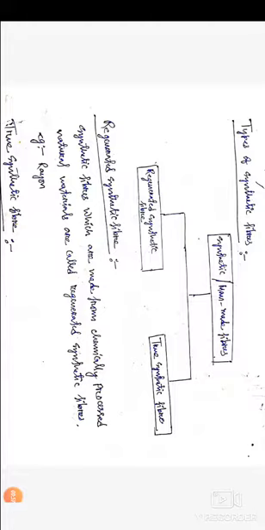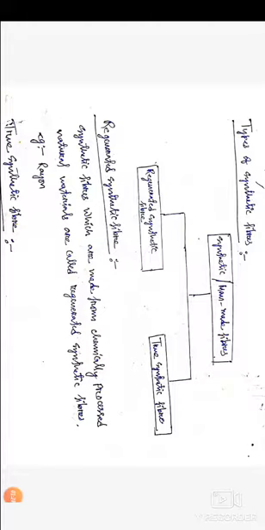So, for example, rayon. Rayon is made from cotton, which is a natural source. The cotton is chemically processed and converted into rayon fibers. Then from this rayon, fabrics are made.